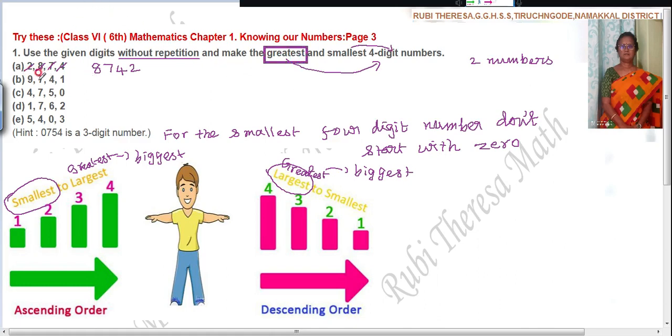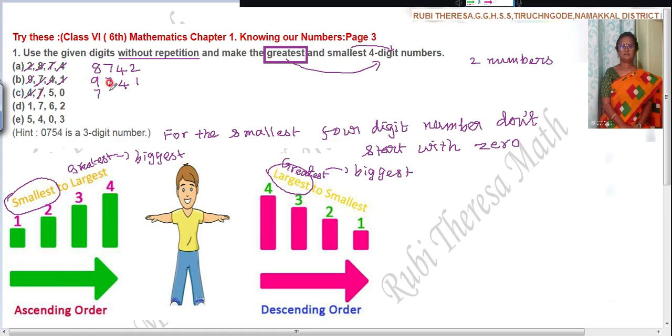Next one. Which one is the greatest? 9. Next one, 7. Along with me, you try to say the answer. Next one is 4. Next one is 1. Here, next problem. Which one is the biggest number or greatest number or largest number? 7.